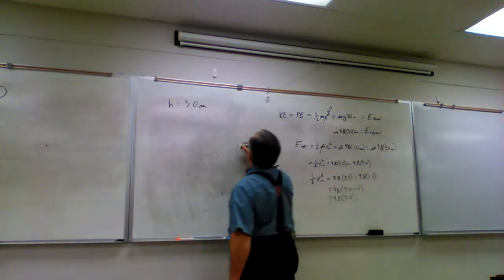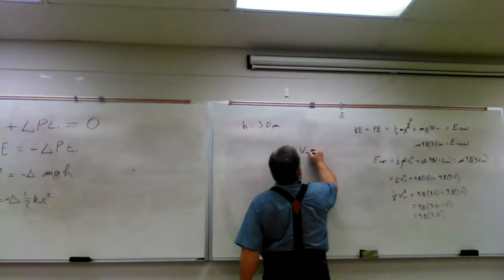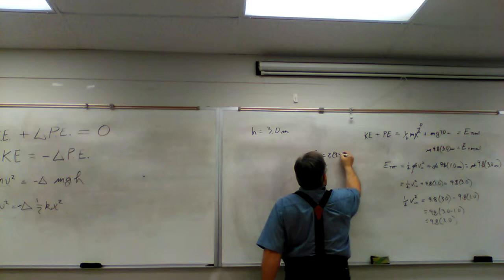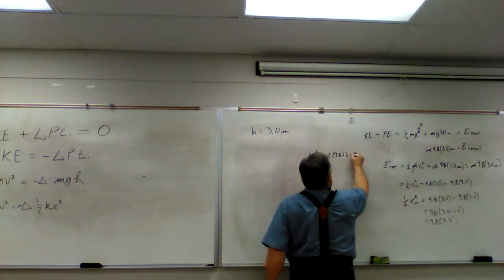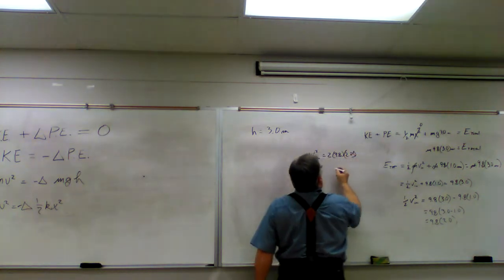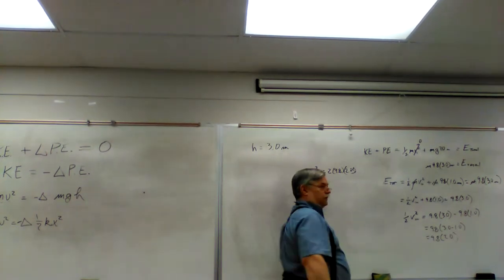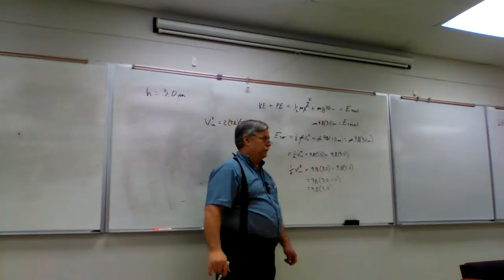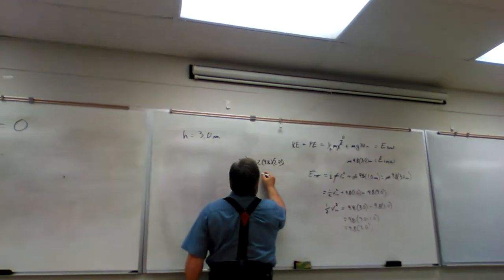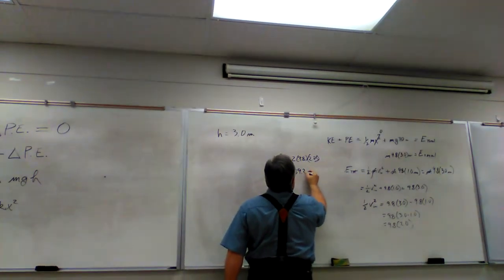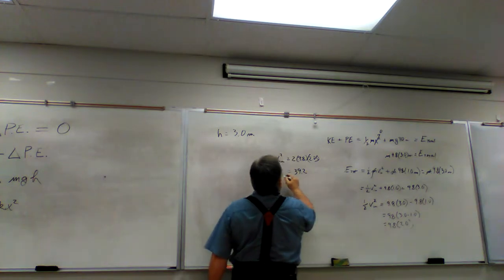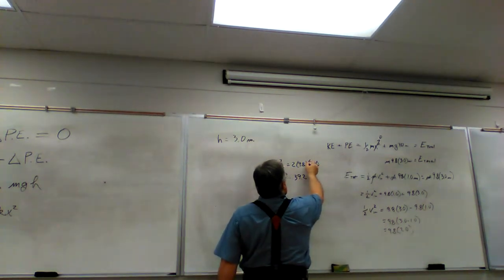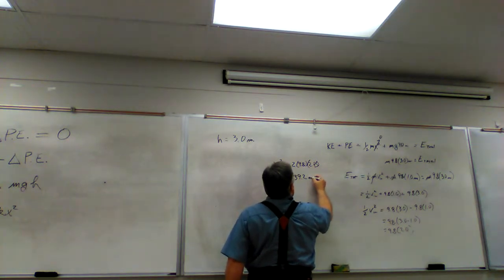We want to solve for velocity. Now it's equal to 2 times 9.8 times 2, which is, what's 4 times 9.8, somebody? Equals 39.2 meters times meters per second squared.